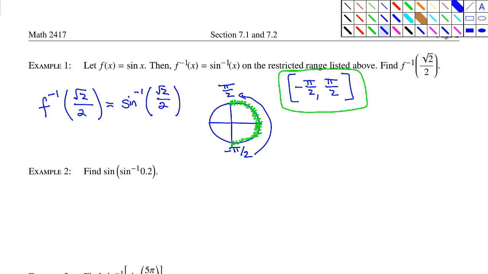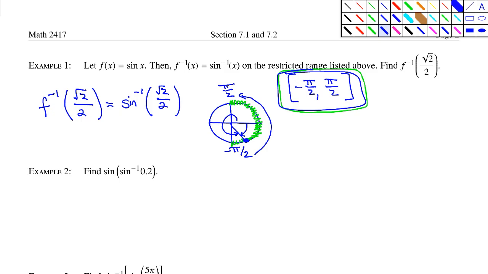So even though, suppose that we wanted the angle that produced this point, we're not allowed to use this positive angle that would be, say, 5 pi over 3. That is not allowed. You would instead have to use the negative angle, negative pi over 3, for example. So you have to maintain this interval whenever you're producing answers for the inverse sine.